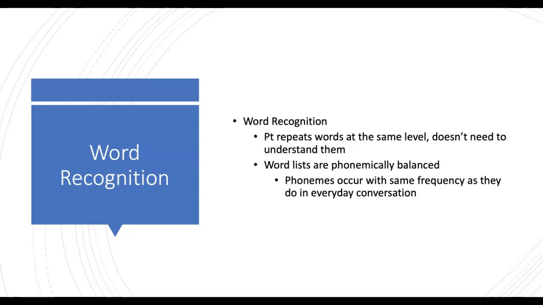Okay, so they have a balance of phonemes by their occurrence in the average speech. Does that make sense? So as they occur in the real world, they occur in the word list. So everyday conversation. And again, you can watch the video, see how she does the word recognition score.